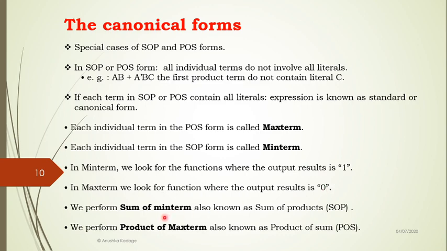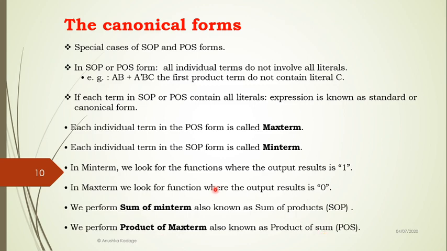So in short, sum of the min terms is called sum of products, and product of max terms is called product of sums.